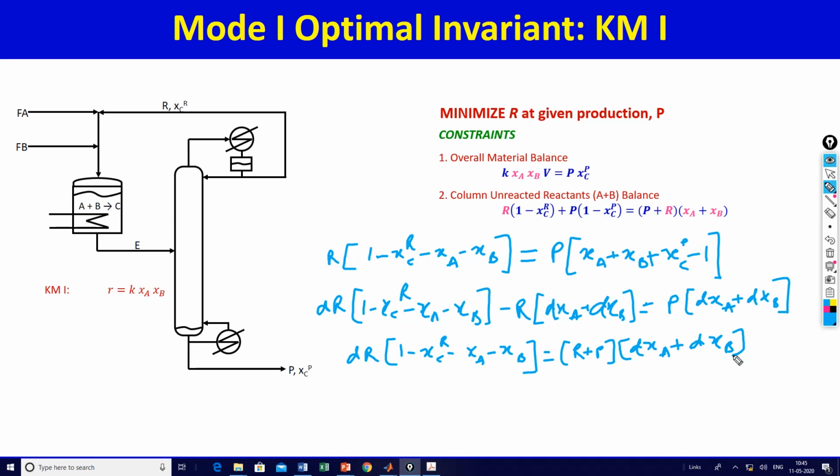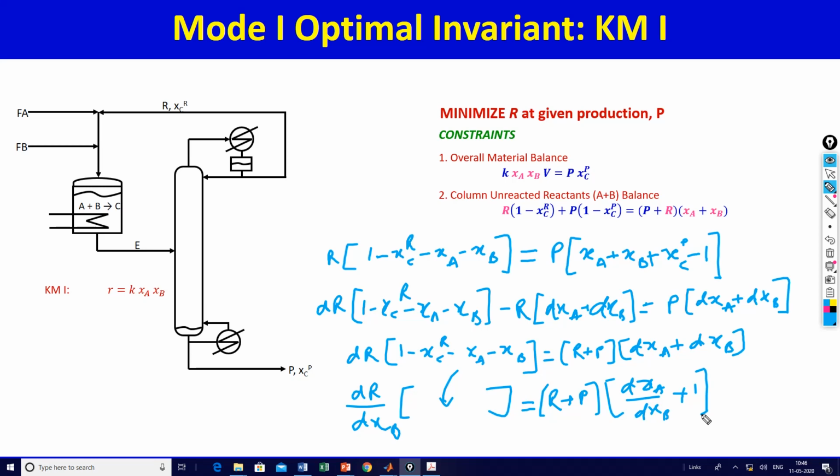If we treat XB as independent, then dividing by dXB on both sides, we get dR by dXB times this term, which should be equal to R plus P times dXA by dXB plus 1.